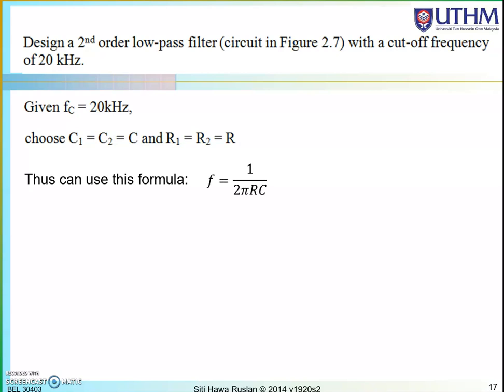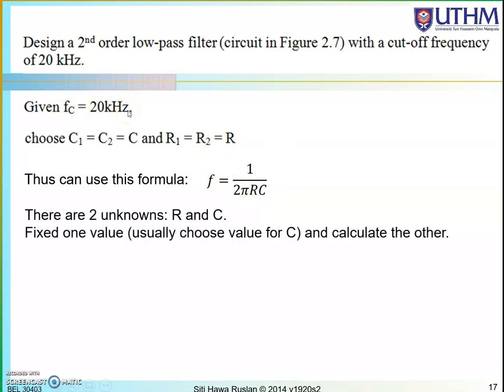Now in this example, I set the cutoff frequency to be 20 kilohertz. It is given. So choose C1 and C2 equal to C, R1 equal to R2, which is R. You can use this formula for the cutoff frequency, 1 over 2 pi RC, where F is the 20 kilohertz just now.